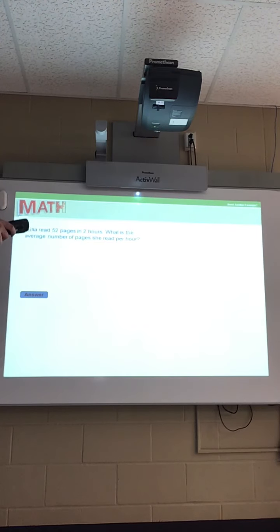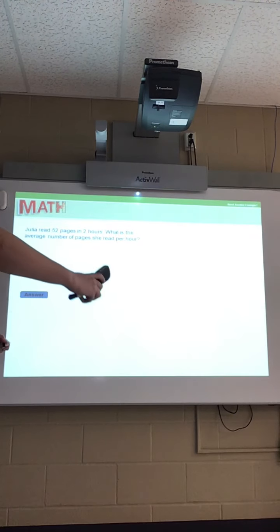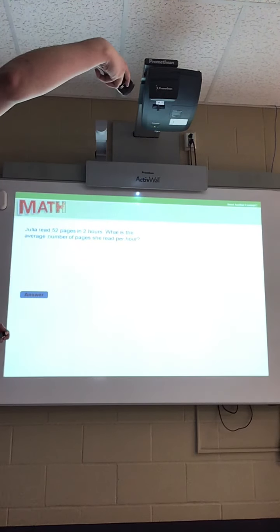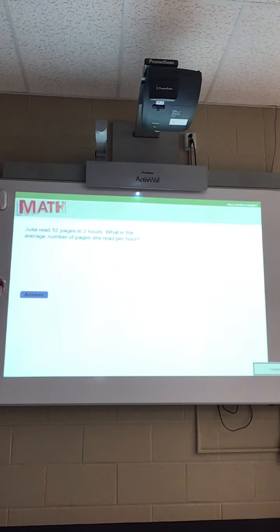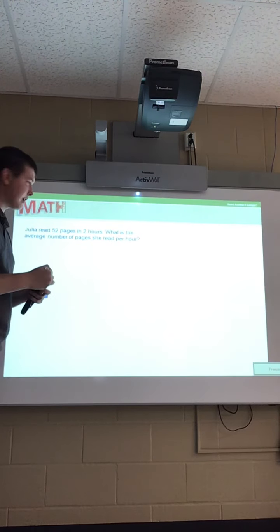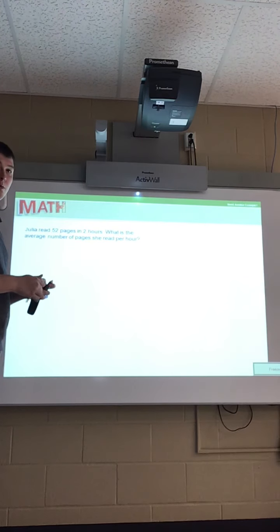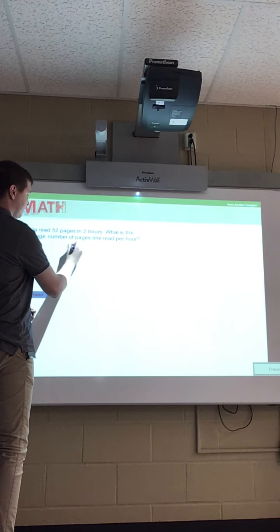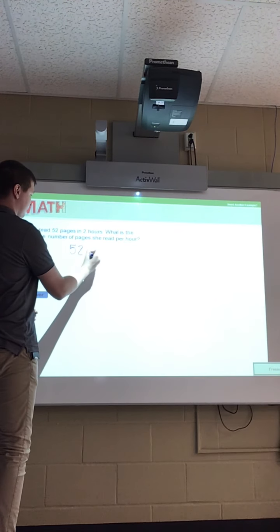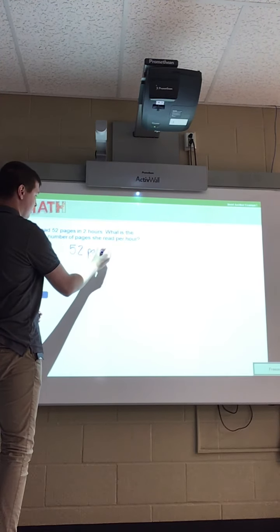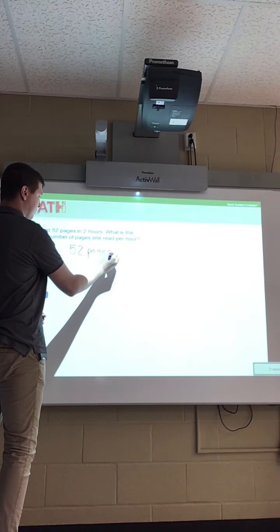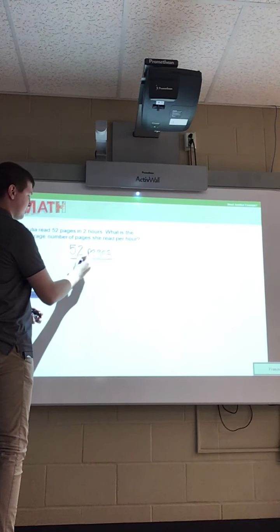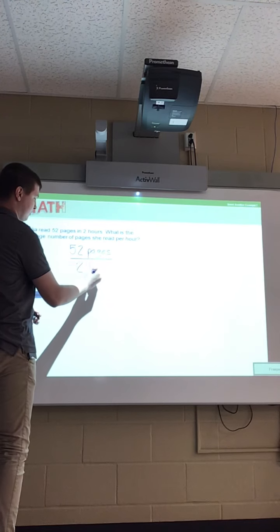If we pause this, freeze. We write that rate that it gave us about Julia, and we write it as a fraction. So we did 52 pages in 2 hours.